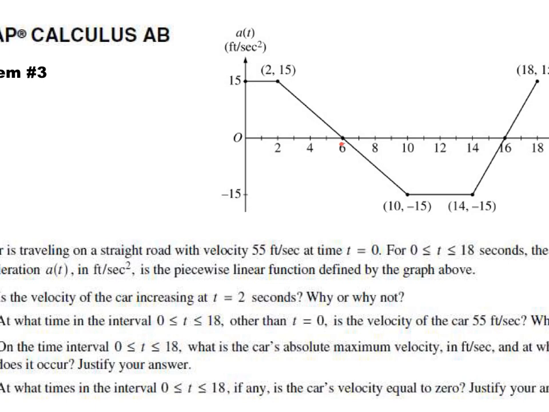Well, at t equals 2, what he's asking you for is the velocity. Well, the velocity is the integral. So if you're going to 2, he's asking you, are you increasing area at 2? Because when you integrate a of t, that gives you v of t.